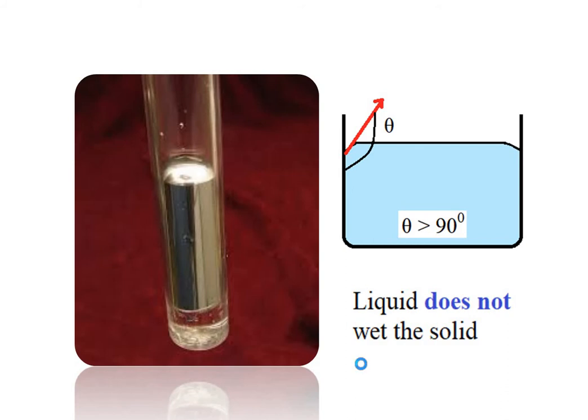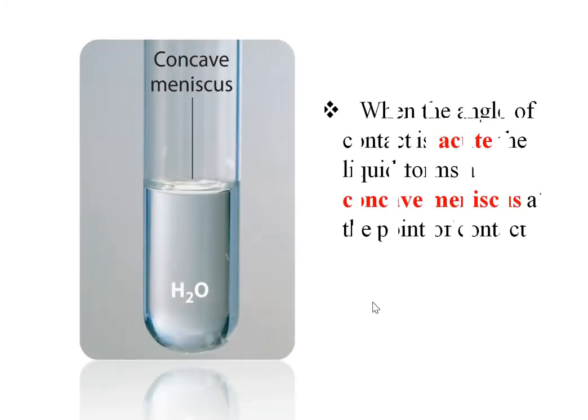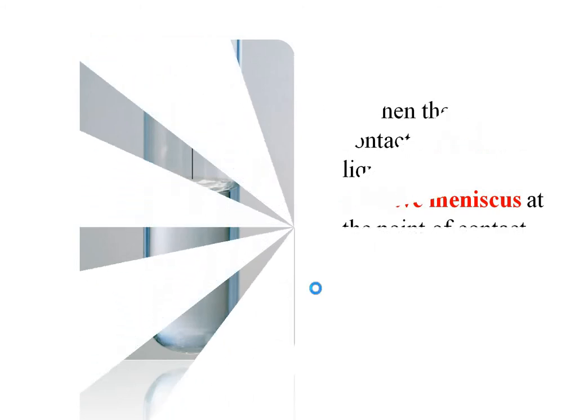Let's see the next point. When the angle of contact is acute, the liquid forms a concave meniscus at the point of contact. The example is pure water.